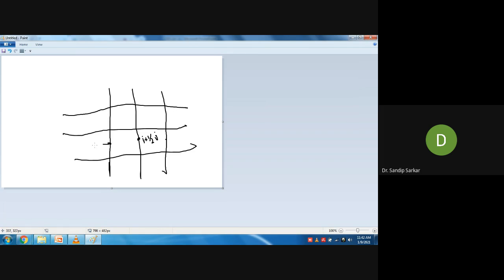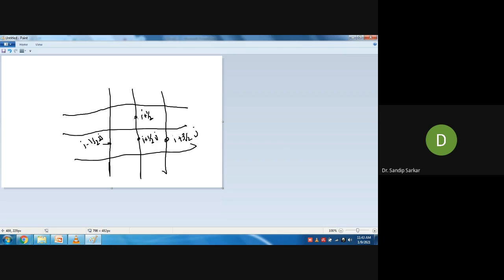This is (i minus half, j). This is (i plus 3 by 2, j).